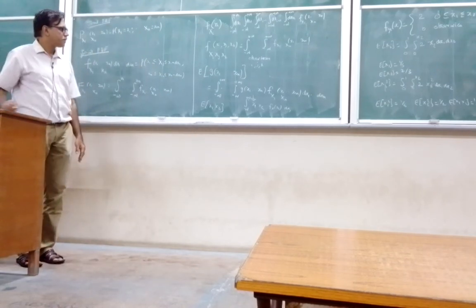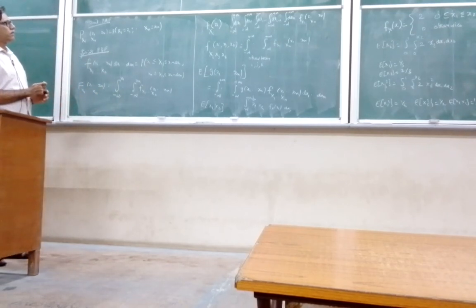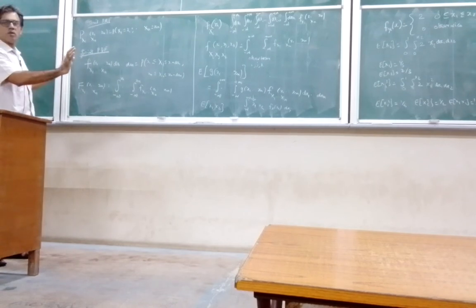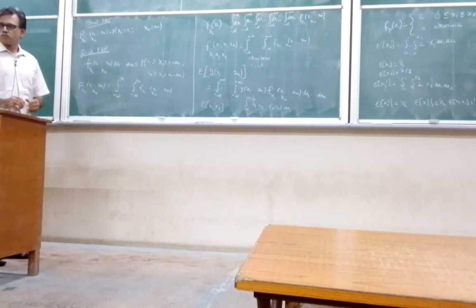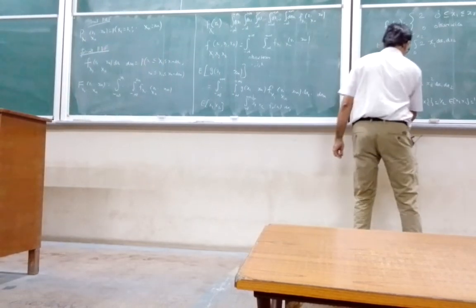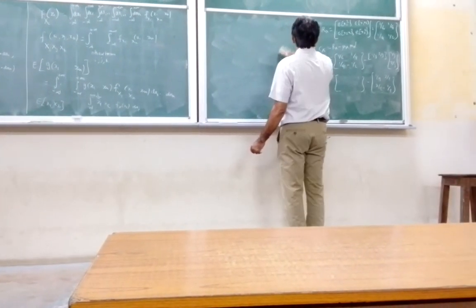That's all. So what we have done so far is that we have just generalized the concept of joint density function, distribution function, everything for a number of random variables.